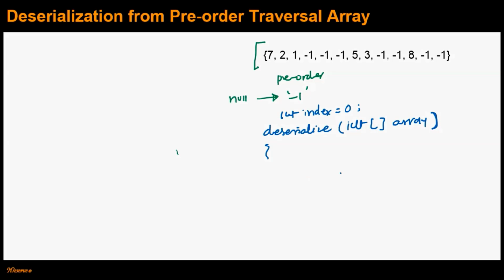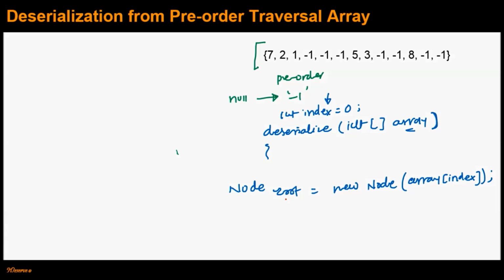Now because this input array is obtained by using pre-order traversal, we first construct the root node. So we construct the root node using the element at the current index. Index is initialized to 0. So the root node would be obtained by using, let's say, new node out of the value present at the current index, array of index.